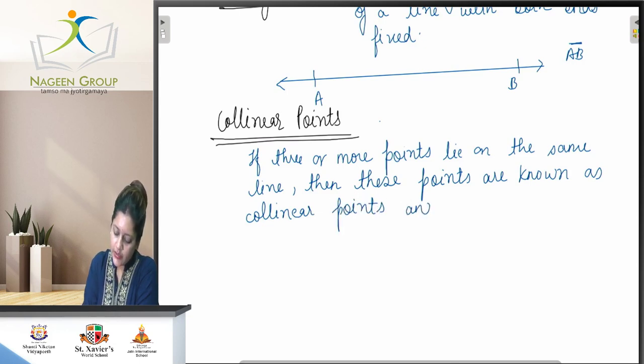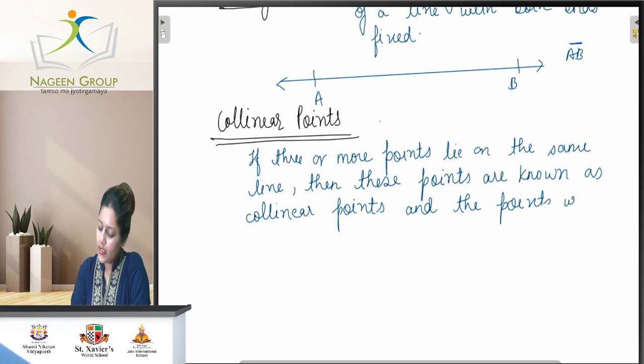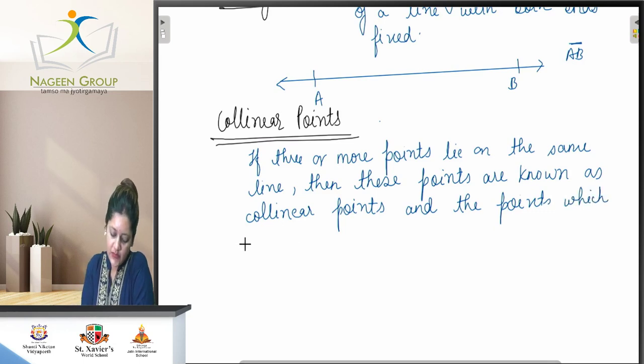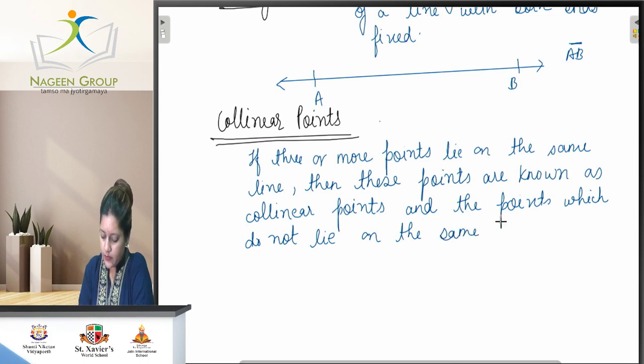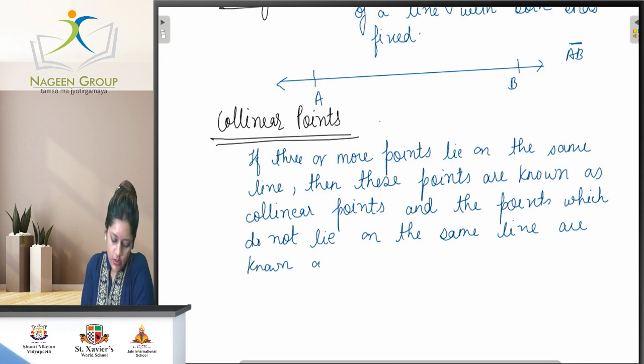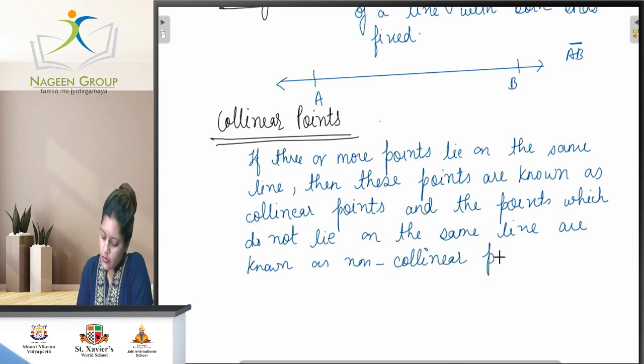And the points which do not lie on the same line, just the opposite of it, are known as non-collinear points.